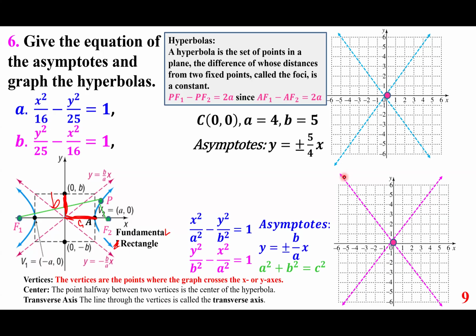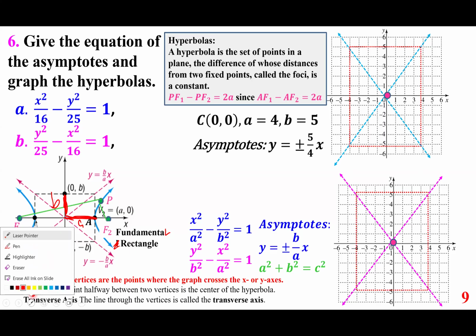Okay. Also, notice the fundamental rectangle. What I want to add here is this, everybody.